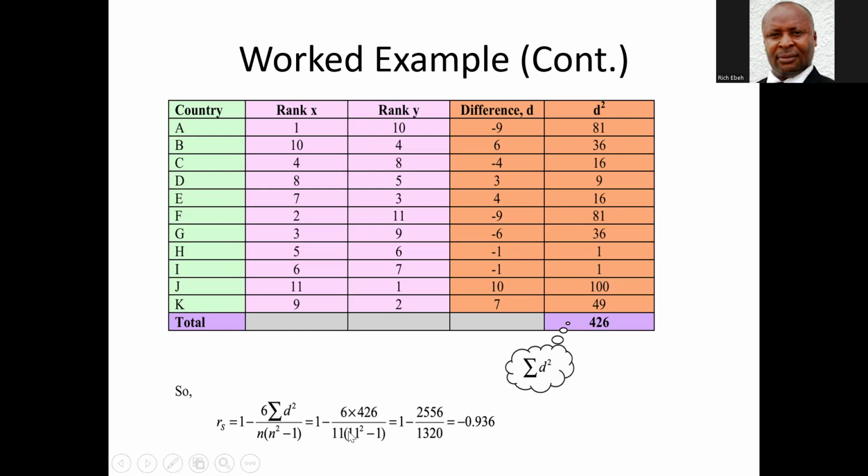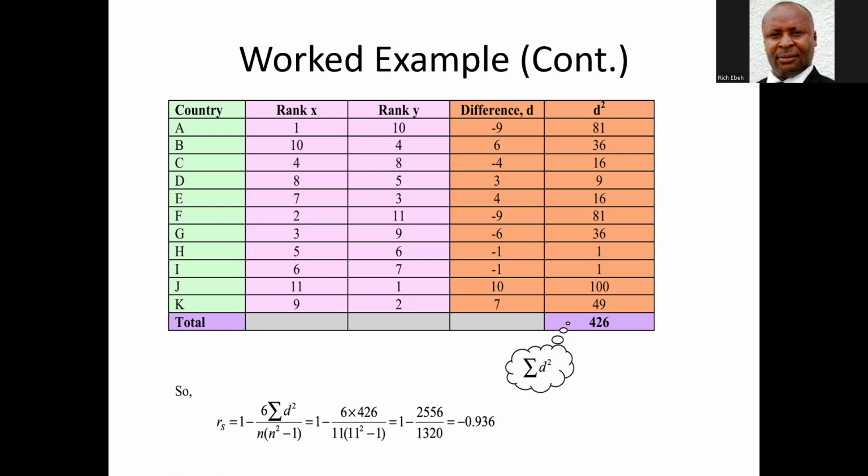And if you calculate 11 square minus 1, that's what you will do first. Then whatever you get from that, you multiply it by 11 and you will get 1320. Take note again. 11 square minus 1. Just say 11 square. That's 11 times 11. Then subtract 1 from it.